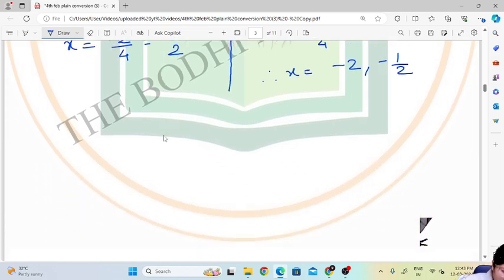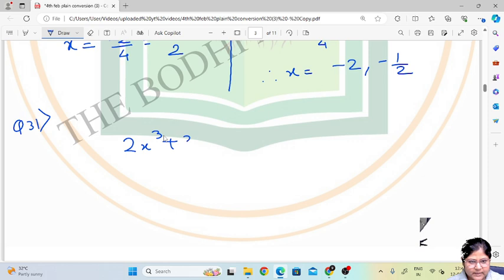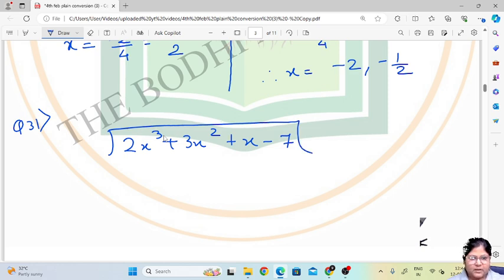Now question number 31. Question number 31 is, divide the polynomial 2x cube plus 3x square plus x minus 7 by the polynomial x square minus 2.